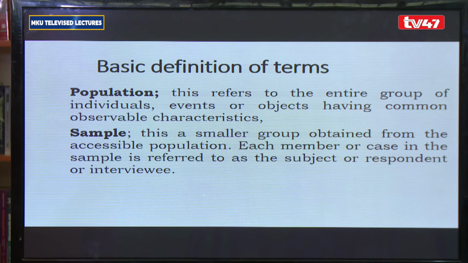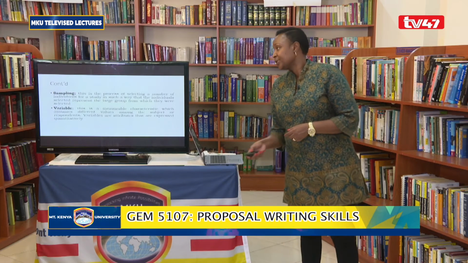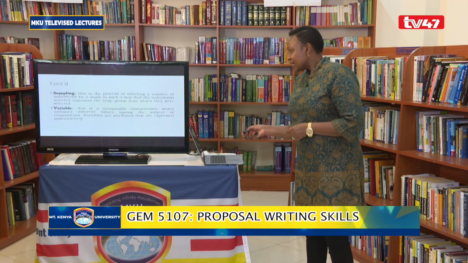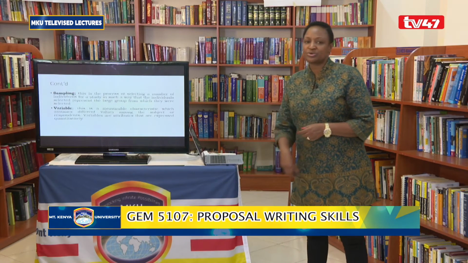population. And therefore, we need to be very careful when we talk about our sample, because this is the smaller group obtained from the accessible population. This group that we pick or is selected is what we use in the study and represents everyone else in that population. For us to obtain our sample, then we must engage the sampling procedures.